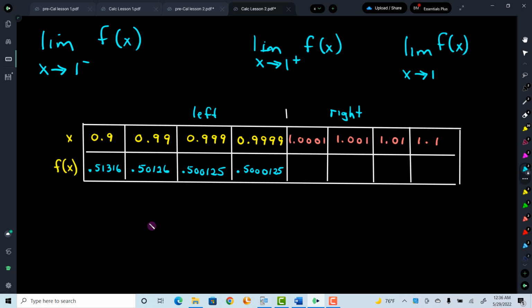And then over here, on the right, this is going to be 0.49999, and this will be 0.49987. And here we get 0.4987, and then we get 0.4887.